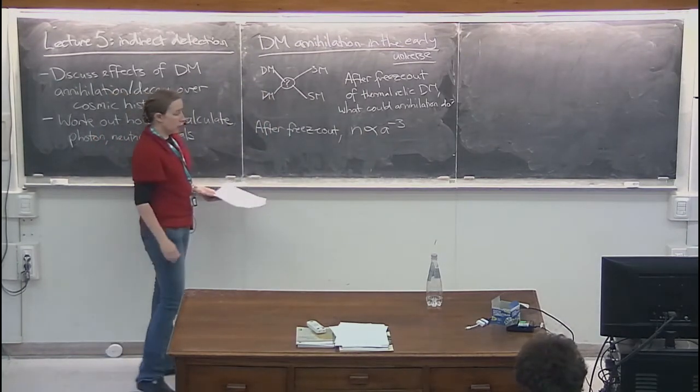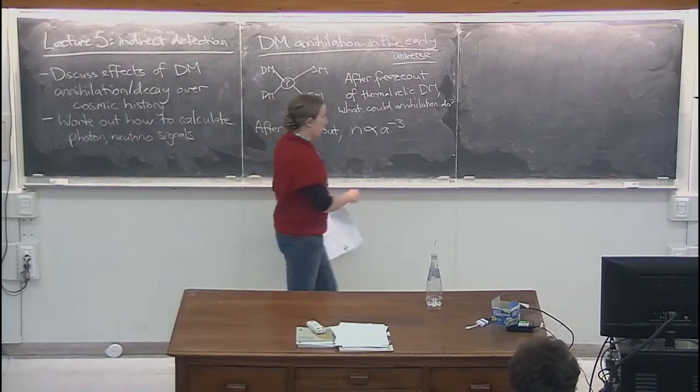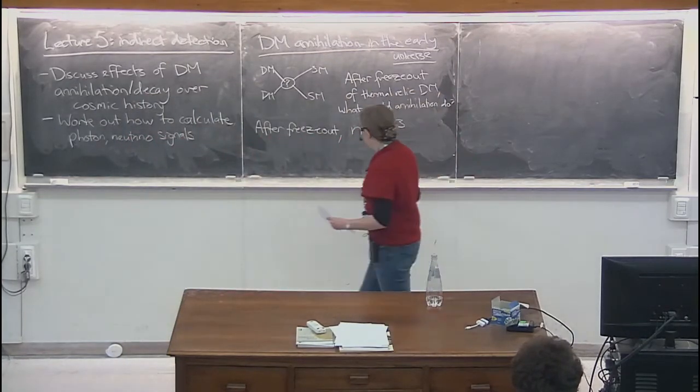So suppose I want to look at a measure of annihilations, could be the number of annihilations per co-moving volume in some Hubble time.